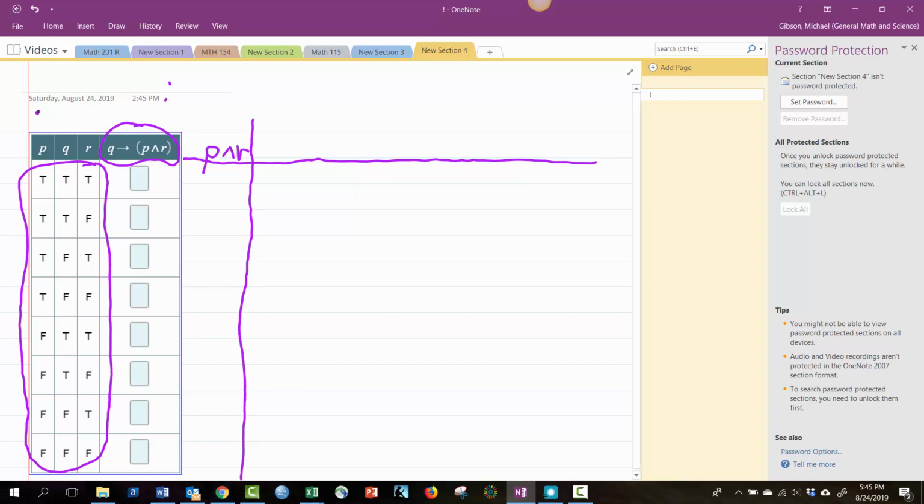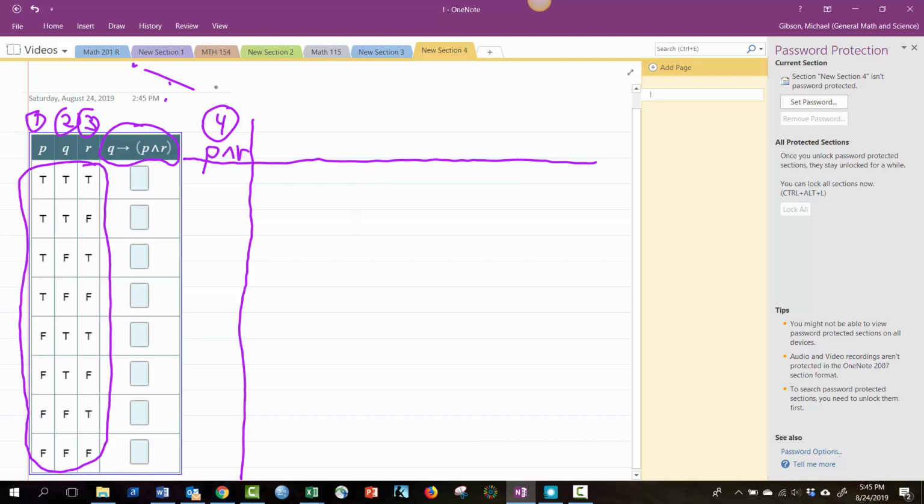All right, and this is column 1, 2, 3. Not going to number this one at this point, so that's going to end up being the last column. So here's column 4.